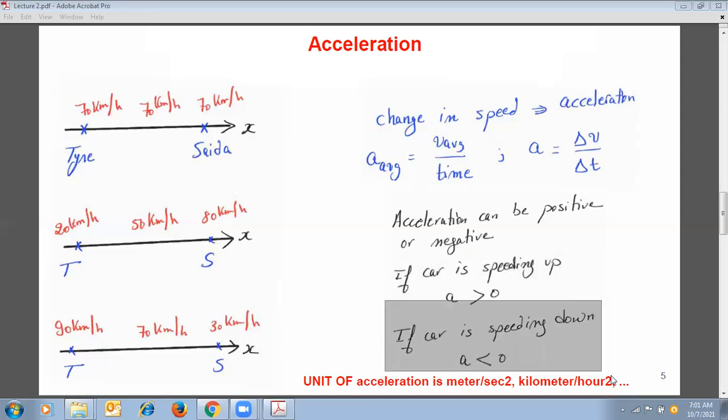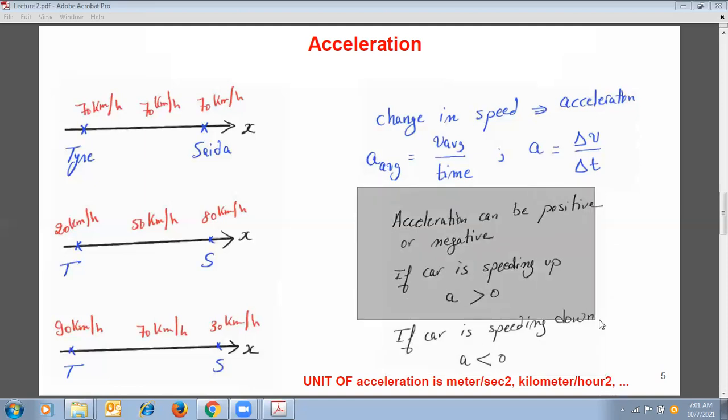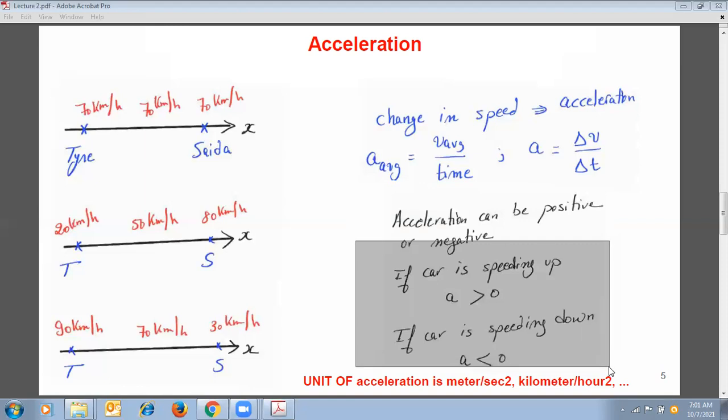If the car is slowing down, acceleration is negative. This is not always the case, and I'm going to talk about this more in future lectures. But for now, just imagine it like this. These are only true if we are moving along the positive x-axis. Okay? We're going to talk more about it in future lectures.